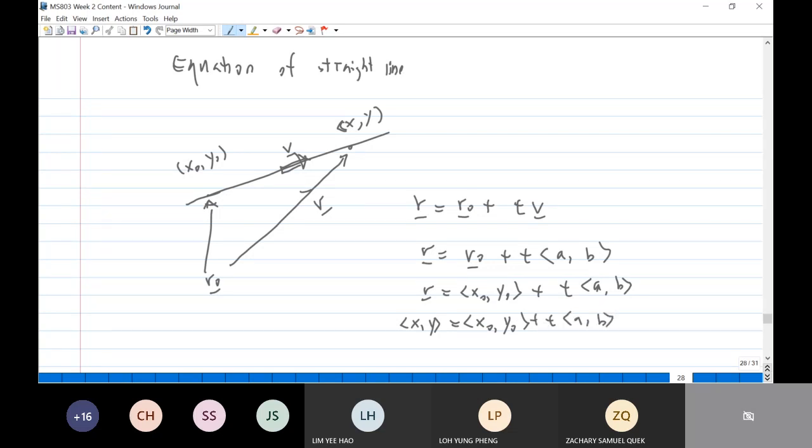And so that's why the parametric equation says x equals x0 plus ta, y is y0 plus tb. And that is how you get this equation of a straight line.